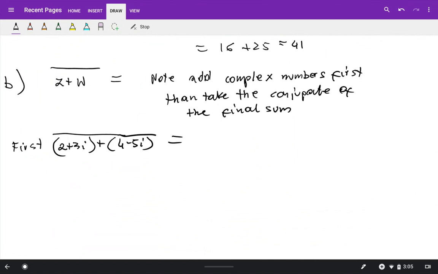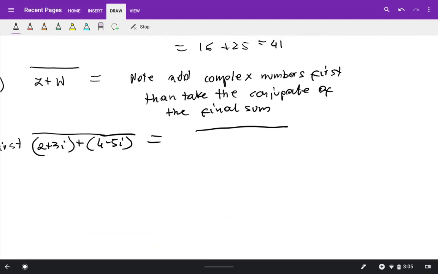Now I'm adding two complex numbers together, so you're adding the real parts first. So 2 plus 4 will give us 6. And then I'm adding the imaginary part, so we have 3i minus 5i, that will give us -2i. And now just take the conjugate of 6 minus 2i, which will be 6 plus 2i. So this is the final solution.